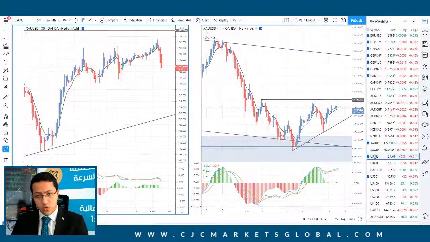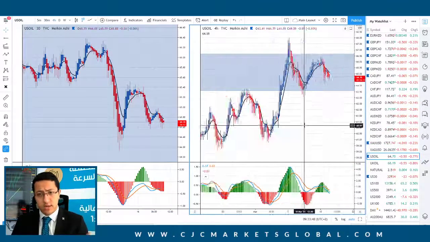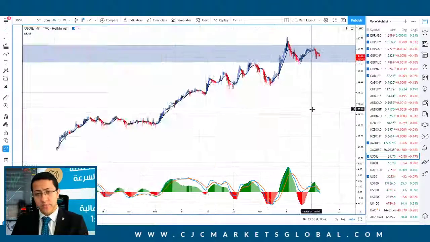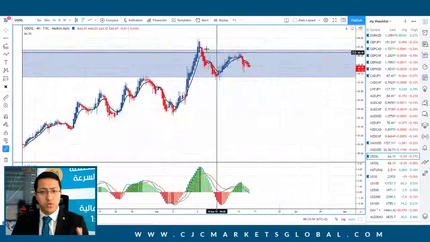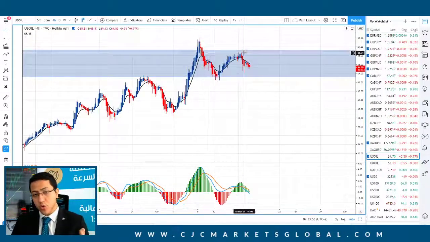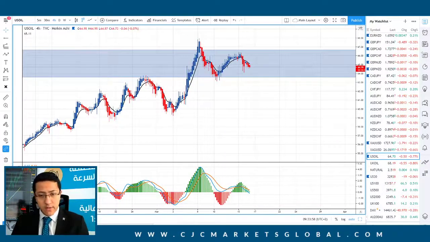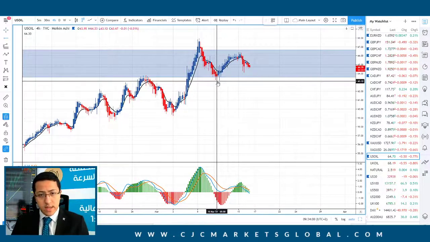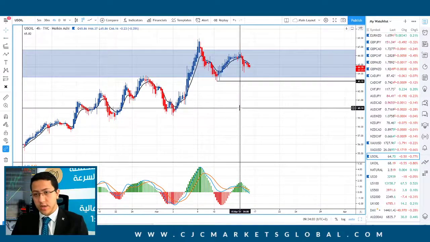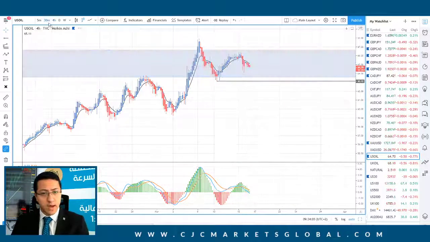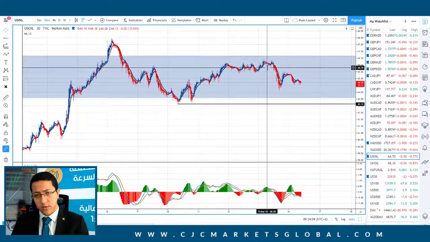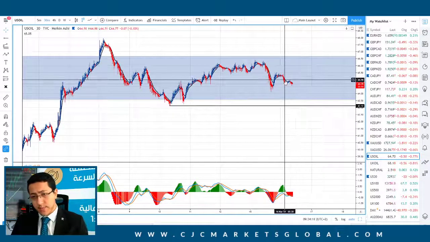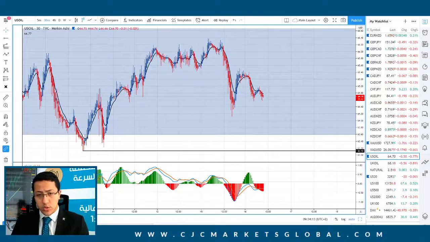Regarding the US crude oil, it's basically bearish at the moment because we are still trading at the resistance of roughly $65. We're able to create two lower highs. The key level for today's trading is basically this level of 63.12, and on the 30 minutes time frame we're having a move downside, a retracement, and the move is expected to continue to the downside.